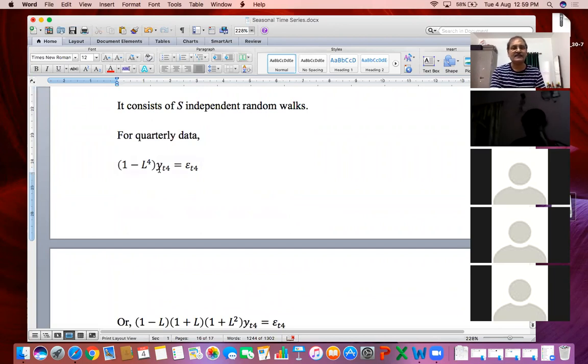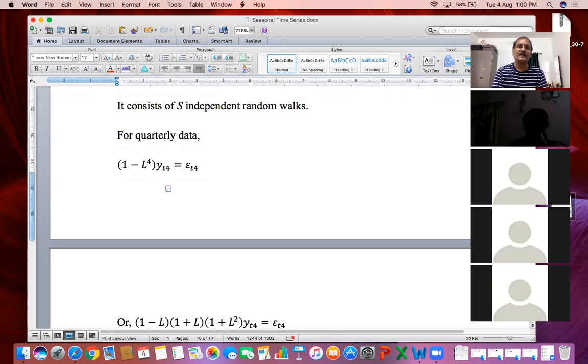Similarly, if you have monthly data, this expression becomes 1 minus L to the power 12. By setting it equal to 0, you have 12 characteristic roots. So in the case of annual data for AR1, you have a maximum of 1 characteristic root. But in the case of quarterly data, even in AR1, you have 4 characteristic roots.